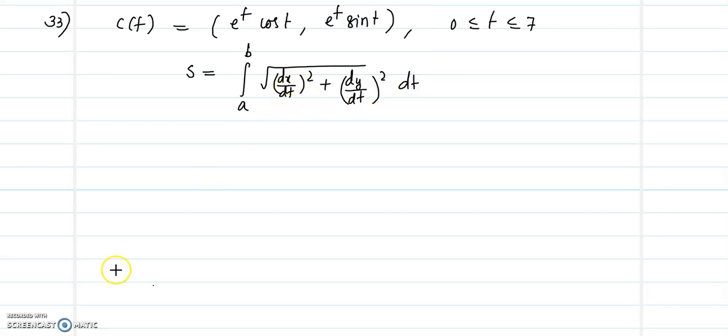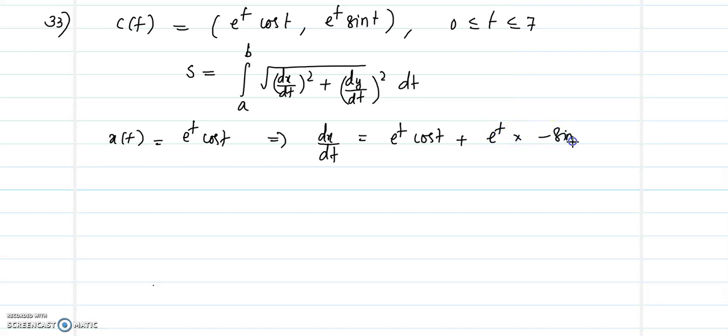So we need to calculate dx/dt and dy/dt. So x of t is e^t cos t. Therefore dx/dt will be, the derivative of e^t is e^t, so we get e^t cos t plus e^t times minus sin t. So that will be e^t (cos t minus sin t).